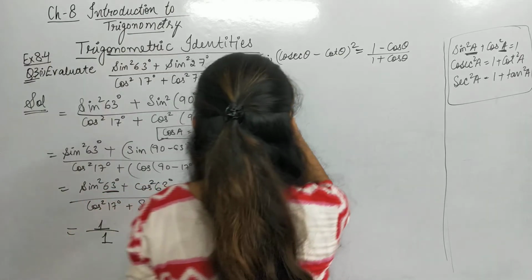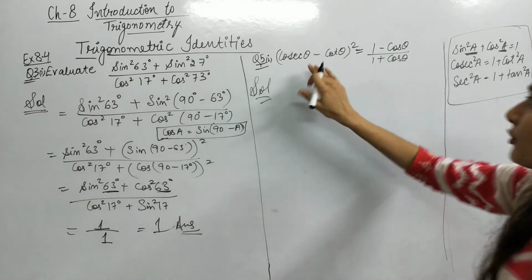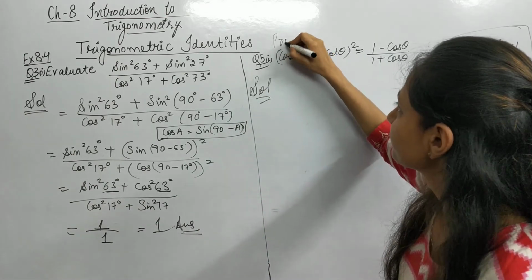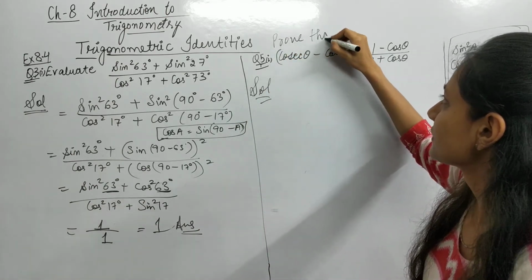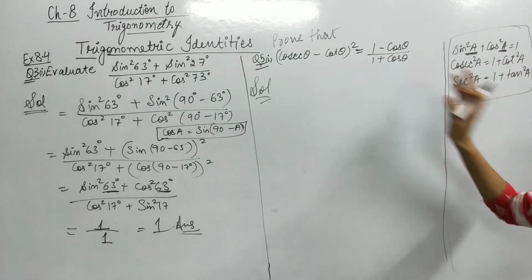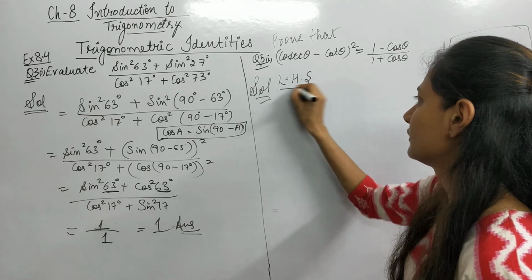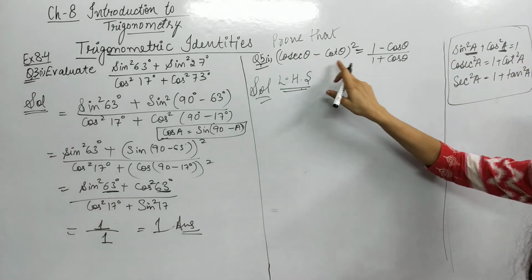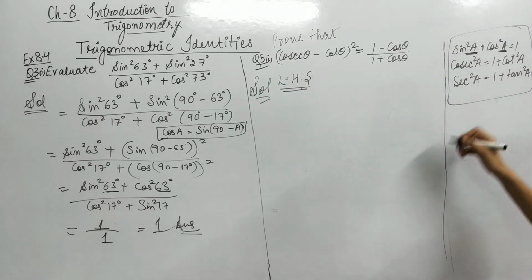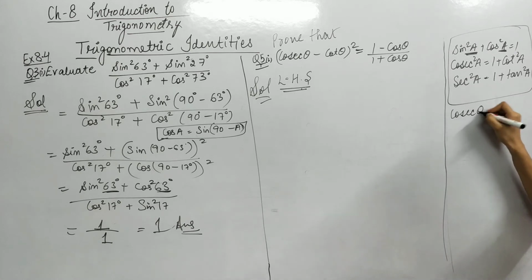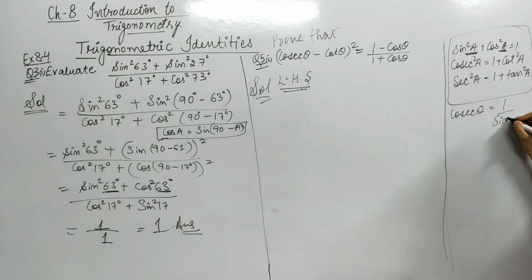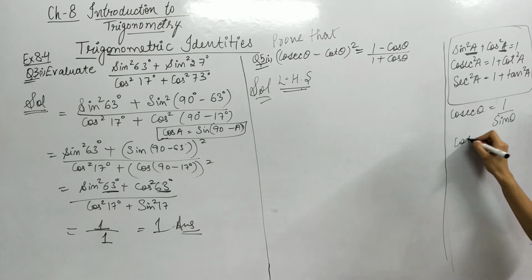Now second question. You have to prove this, that left hand side is equal to right hand side. So you will take left hand side, that is cosecant theta minus cot theta, whole square. What is cosecant theta? Cosecant theta is reciprocal of sin theta. And what is cot theta?